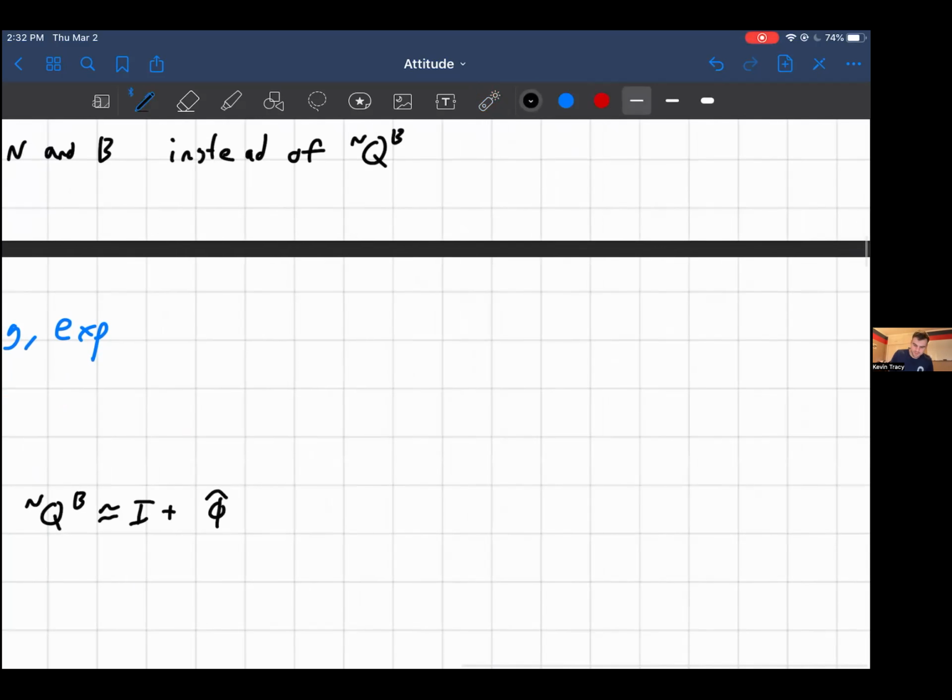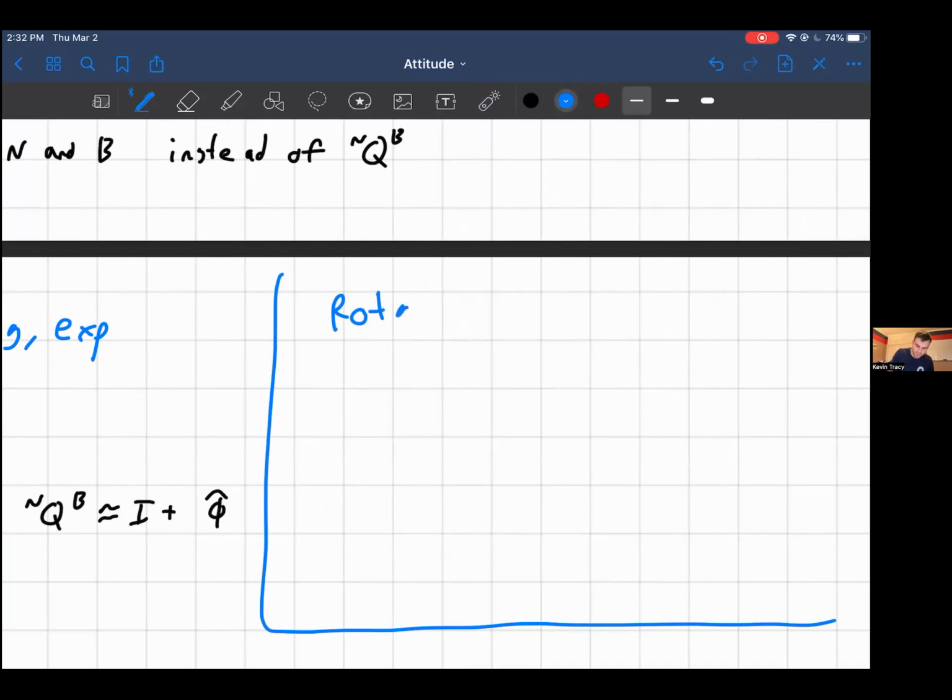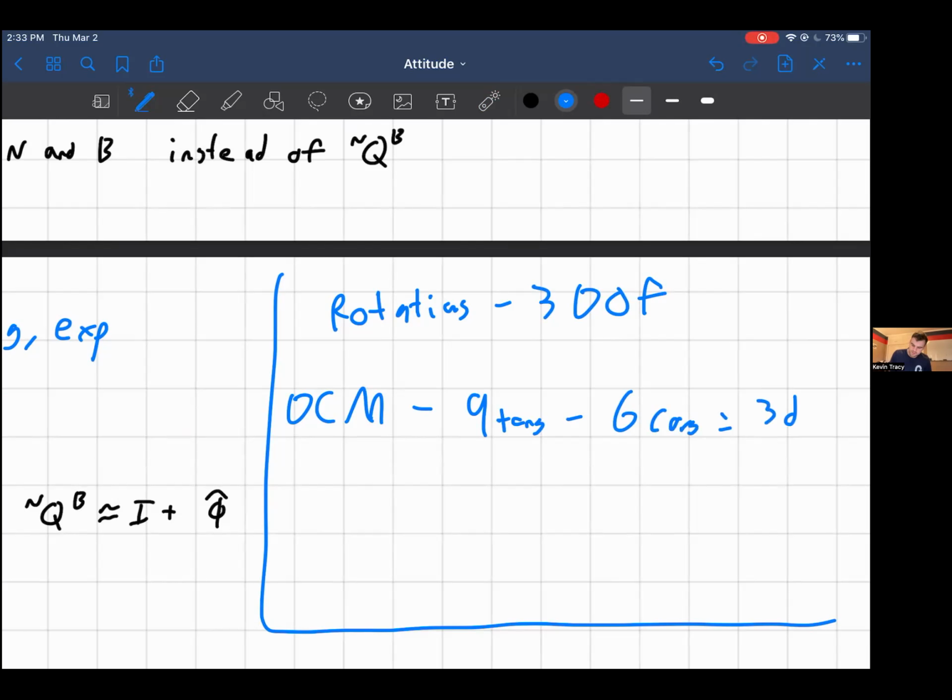Rotations have 3 degrees of freedom. For a rotation matrix or a direction cosine matrix, this is 9 terms minus 6 constraints, to read off 3. For axis angle, I have 3 terms and 0 constraints, so 3 minus 0.